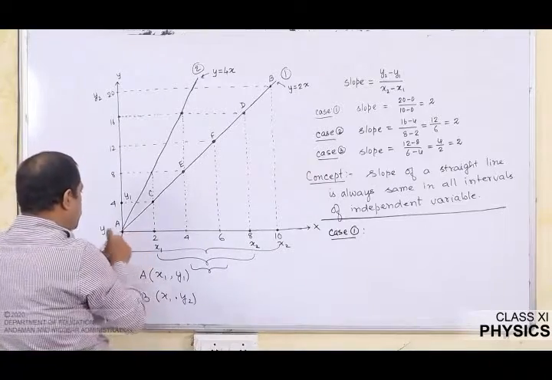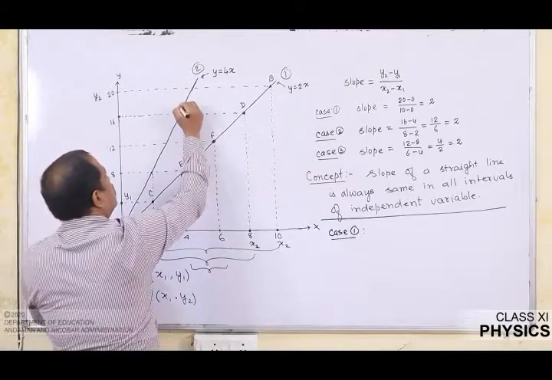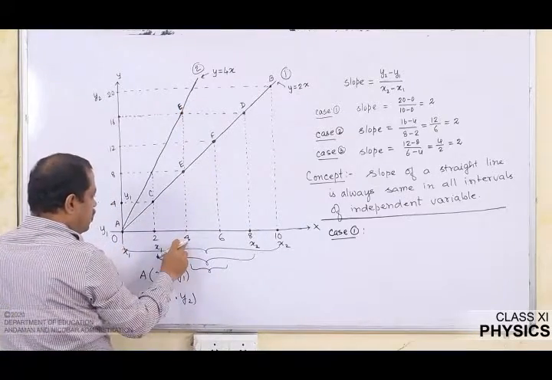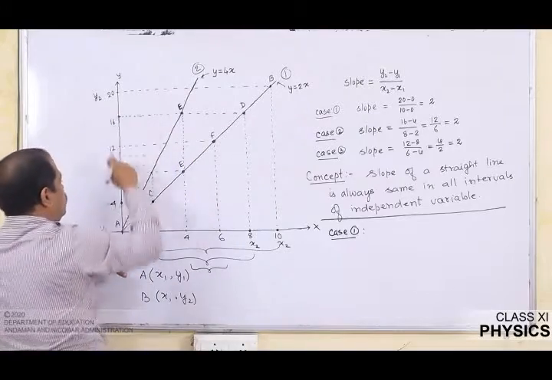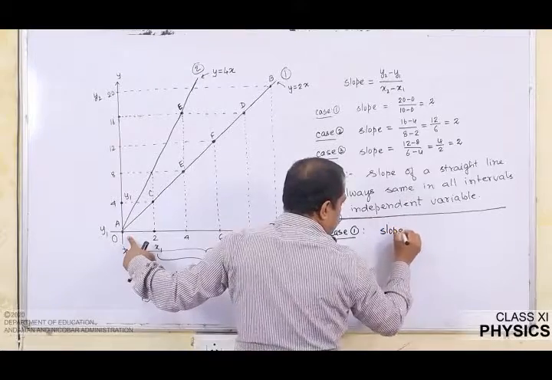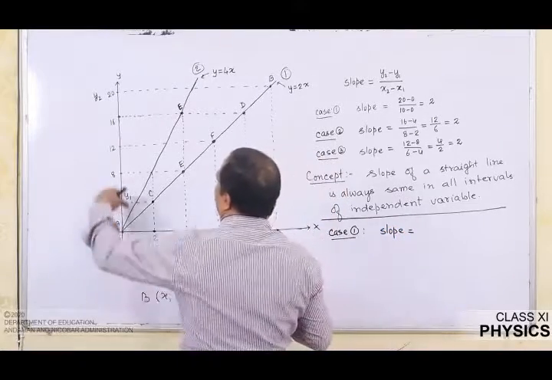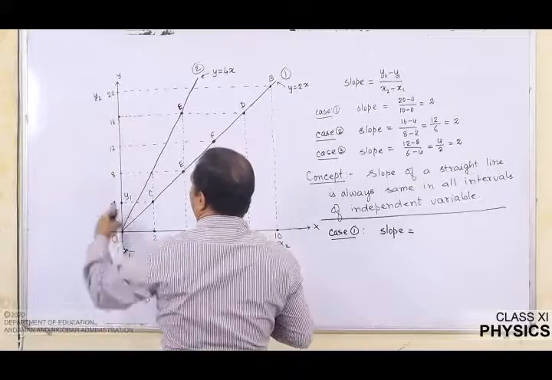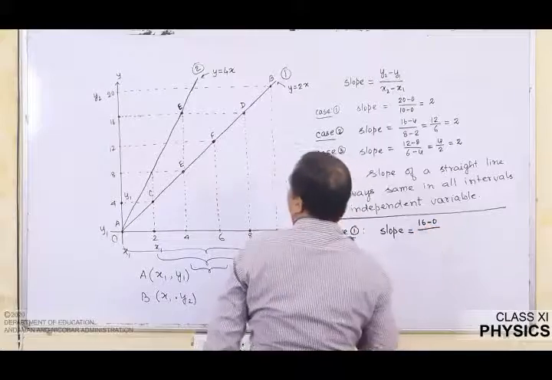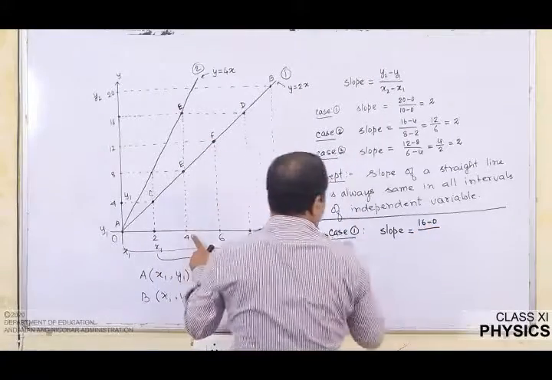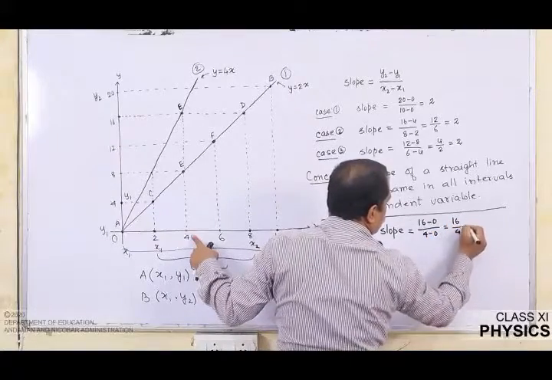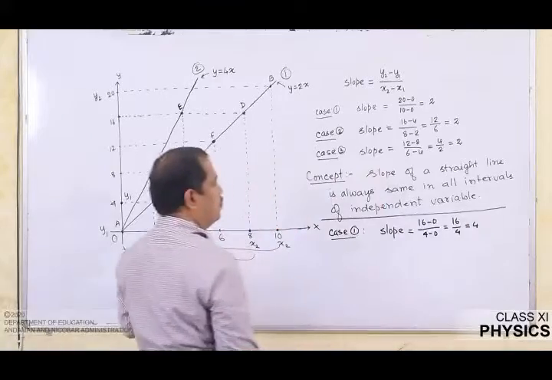I want to calculate between point A and point E. So x2 will be this value, and corresponding to this will be y2 and y1. Thus slope is equal to rise over run, so (y2 minus y1) is 16 minus 0, over 4 minus 0. So this is 16 over 4, and the slope I get is 4.